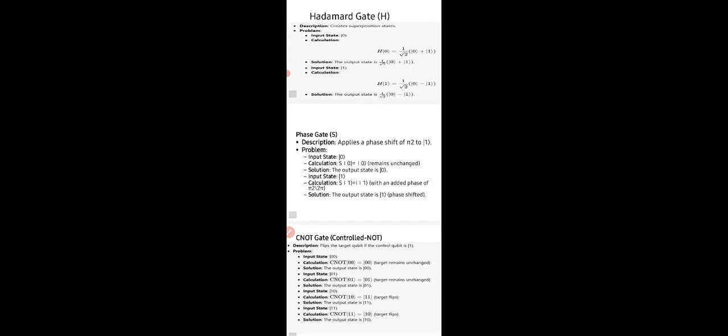CNOT is the main controlled gate, so it has 2 initial states, which is 0, 0. The possibilities are as we defined in the classical logic gate truth table. In here we can apply it. The target only flips when the control input is 1.